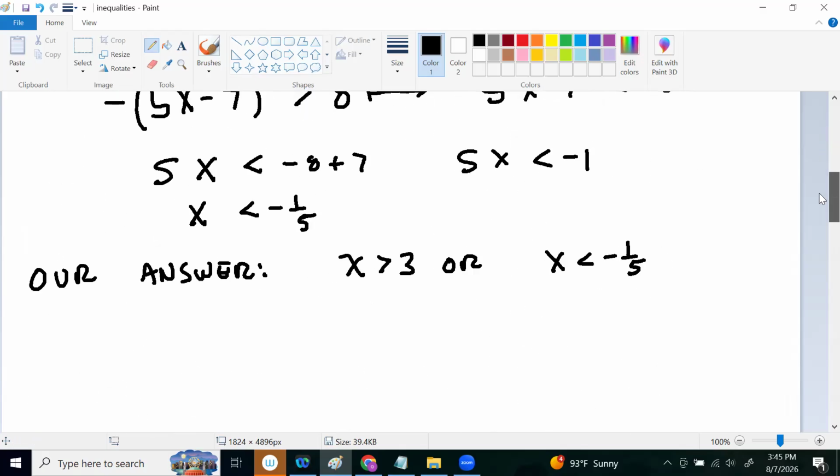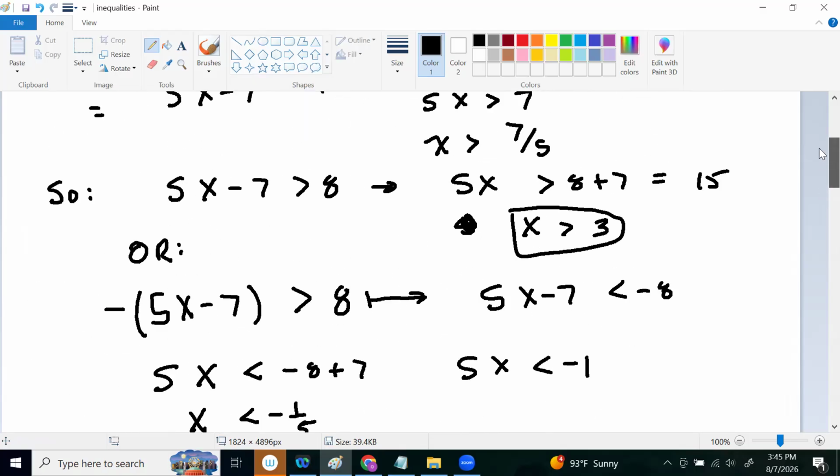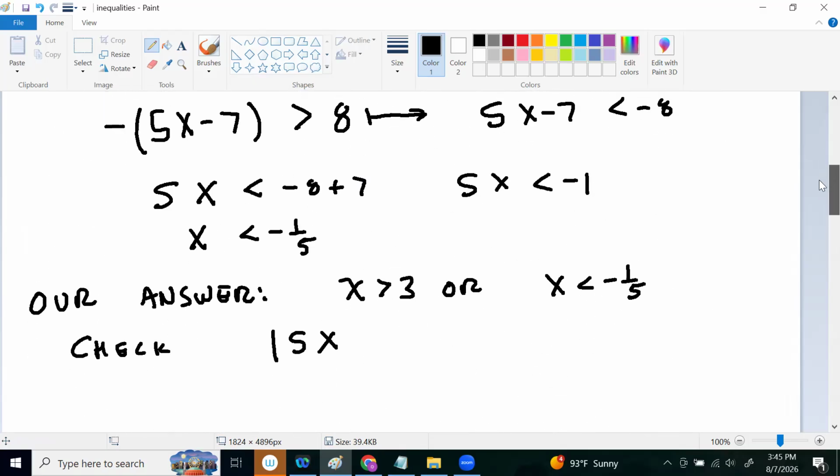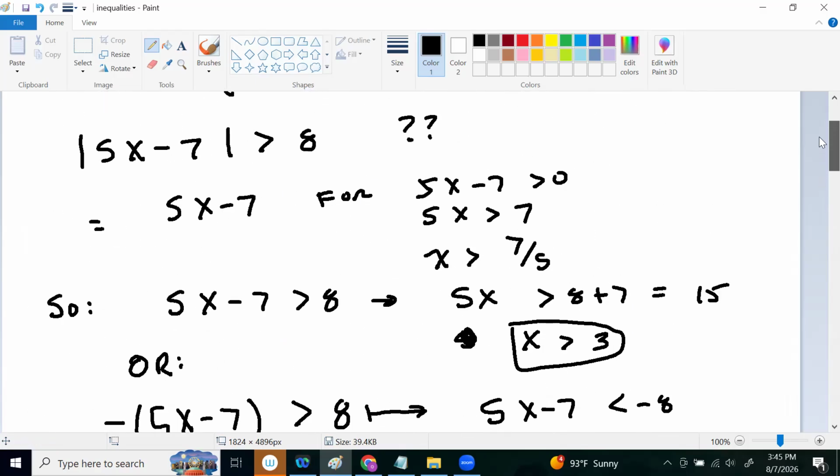in fact, let's just go ahead and check this formally. So let's just check. It's important. Let's say we have the absolute value of 5x minus 7 is greater than 8.